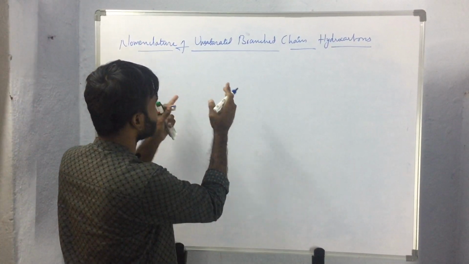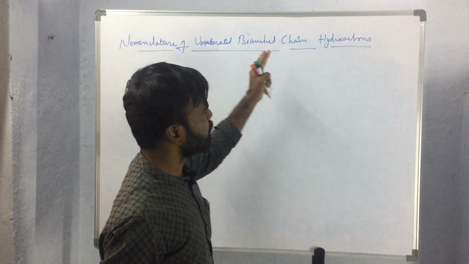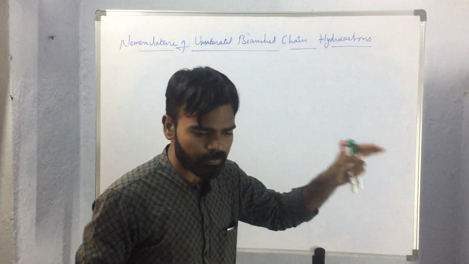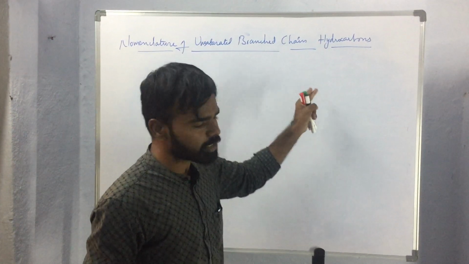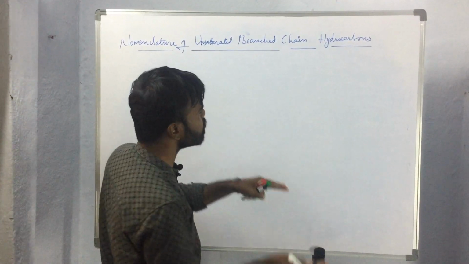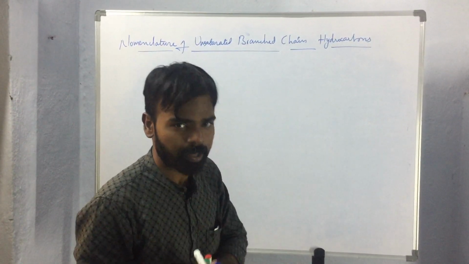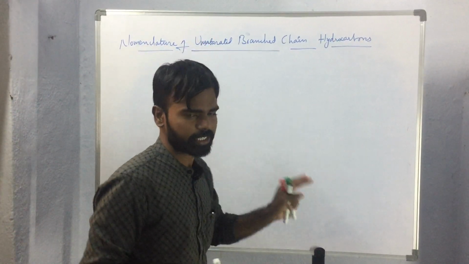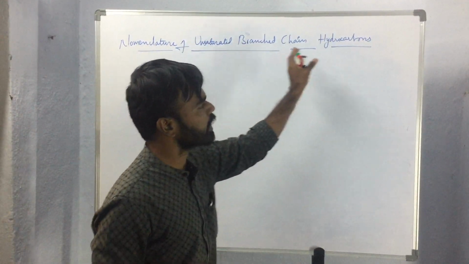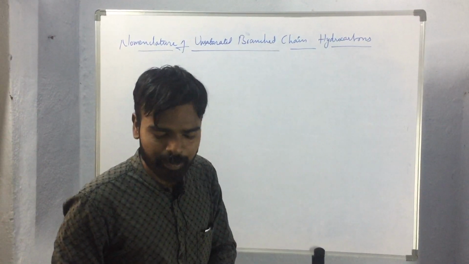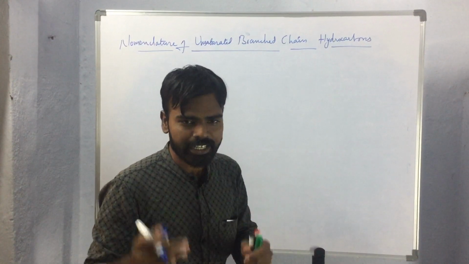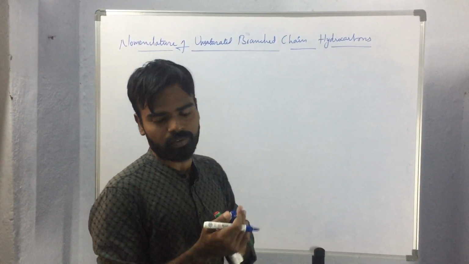See, while naming these unsaturated branched chain hydrocarbons, the rules which we follow for saturated branched chain hydrocarbons will be applicable here also. But the only difference here is unsaturation. In these unsaturated branched chain hydrocarbons, unsaturation will be present, and we have to include this unsaturation while naming the compound.